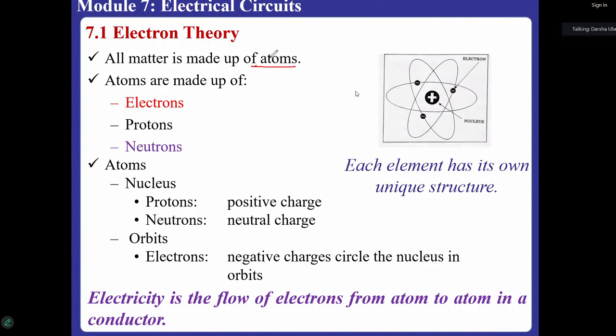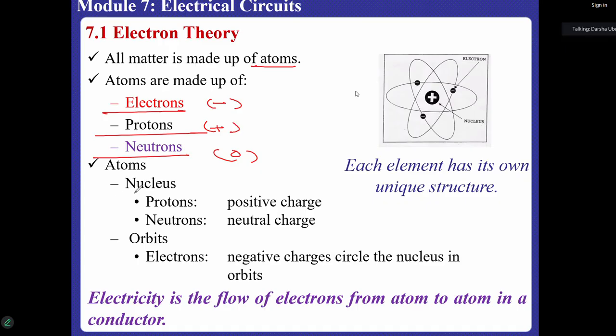Atoms are the tiny particles that matter is made up of, right? An atom has three things: electrons, protons, and neutrons. Basically, electrons are negatively charged particles, protons are positively charged particles, and neutrons are neutral particles. They don't have any charge, zero charge, so they are neutral particles.